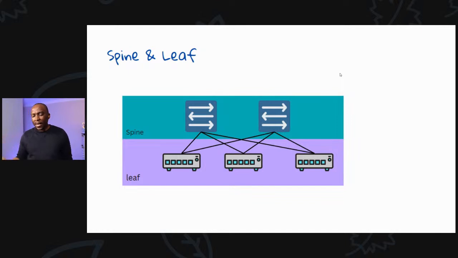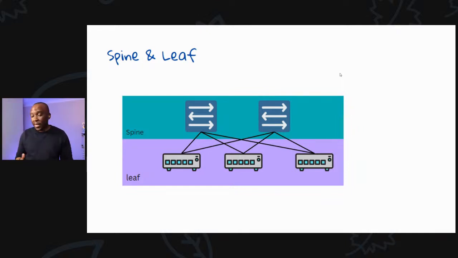And what spine and leaf is, basically, you have your main switches on your network, which are known as the spine switches, and then you got the leaf that are acting as end nodes. They're not dumb terminals, but they're not super intelligent, and they're just providing endpoint connectivity, and they connect to the spine to be able to then get reach on the rest of the network.